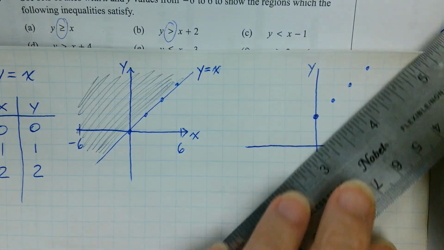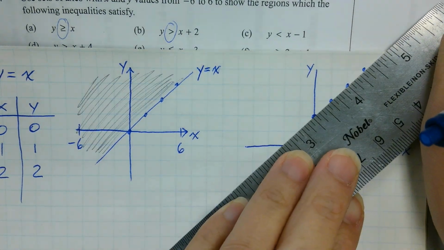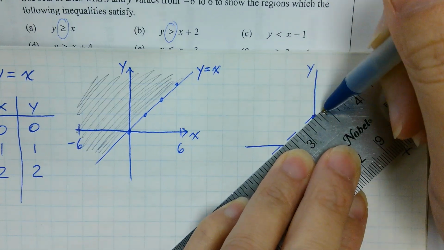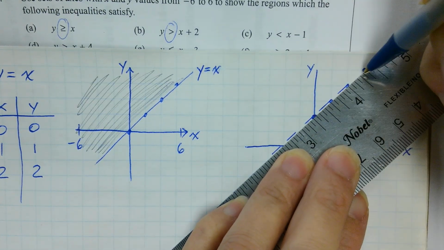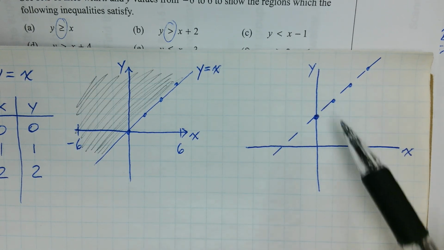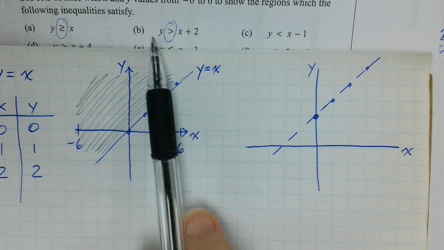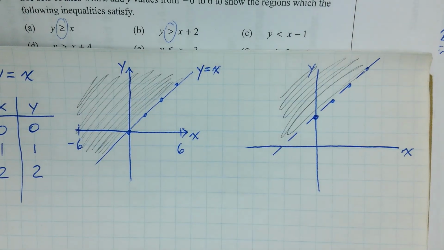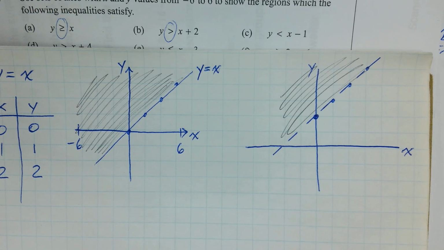This one is only greater than, so I draw a dotted line. Which part do I shade in? Top part or bottom part? Bottom part. No, y is greater. Top part. If it's less than, then it's bottom.